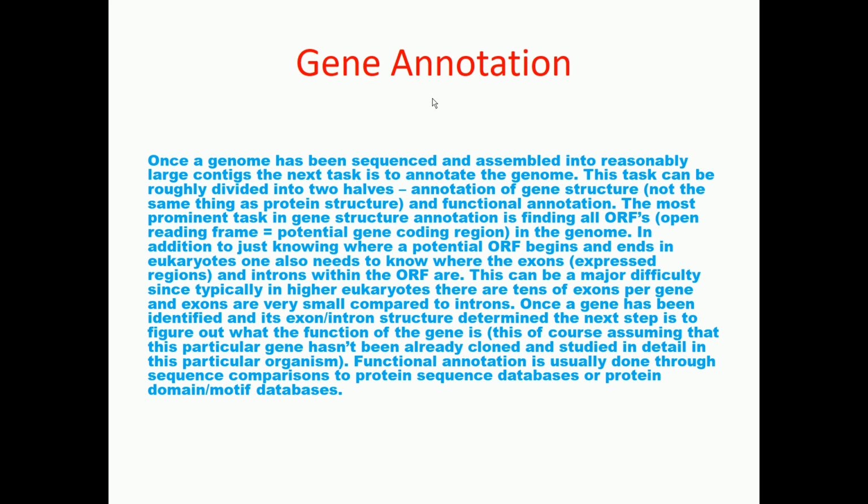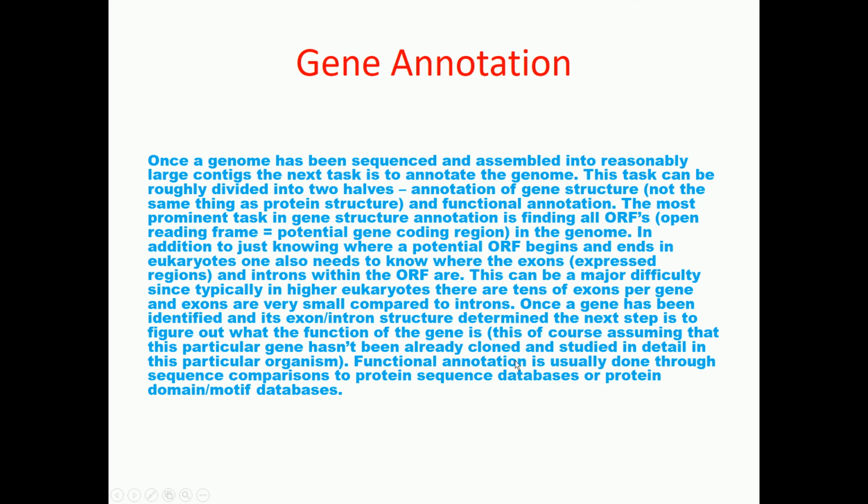After the structural gene annotation is done, the next thing is to find the functional annotation, which means if you have a gene which codes for some protein, what function that protein plays. Once the gene has been identified and its exon-intron structure determined, the next step is to figure out the function of the gene.